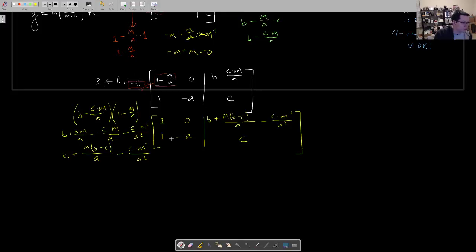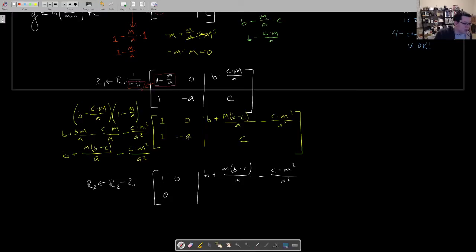So now we're going to do row 2 is going to be made equal to row 2 minus row 1. So we have 1, 0, b plus m, b minus c over a minus c times m squared over a squared. 1 minus 1 is 0.